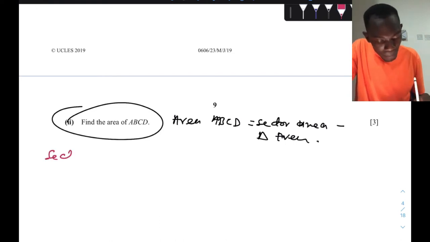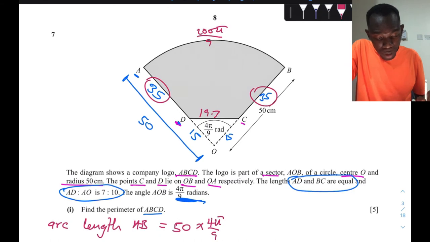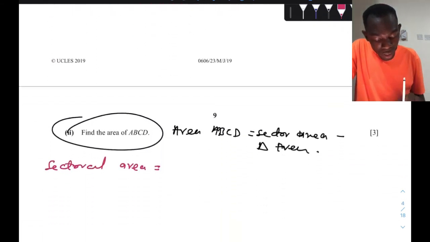So sector or sectorial area, some people call it sector area, others say sectorial area. I don't know. You guys are the English people. So that would be, remember the formula for this thing is half r squared theta, right?